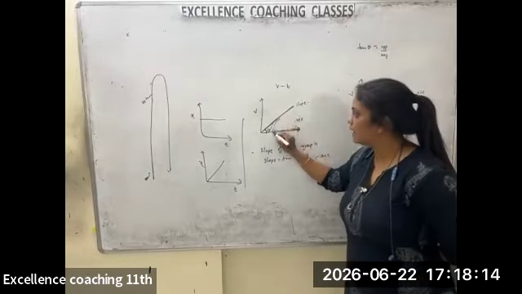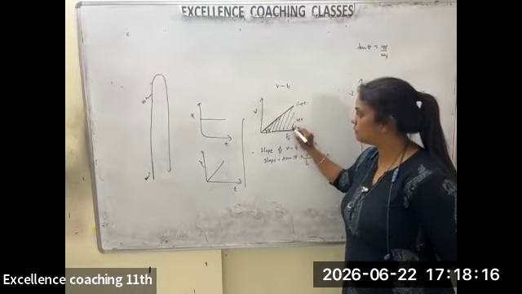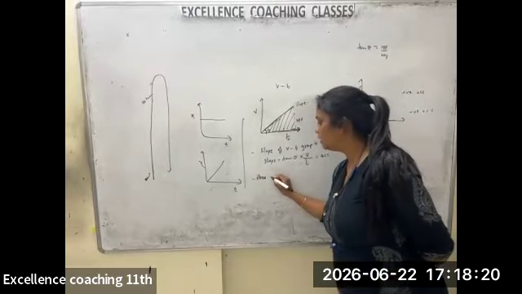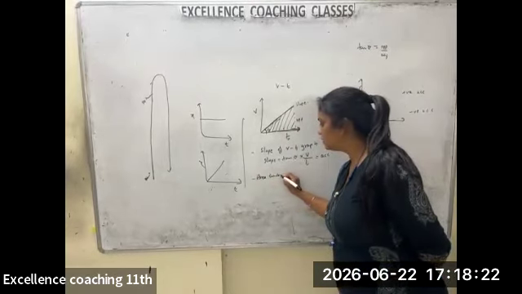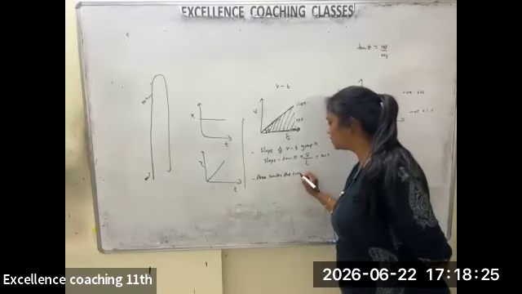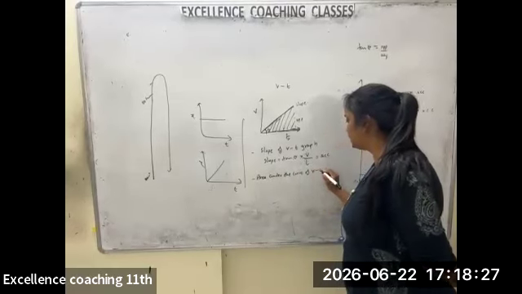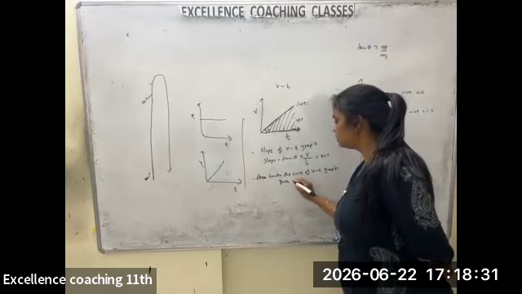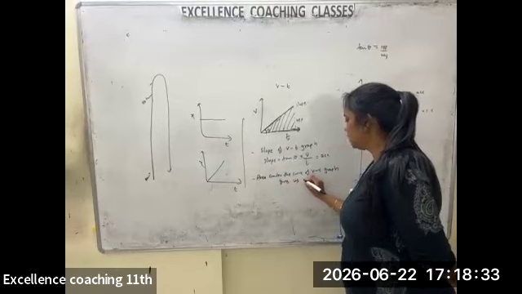Second thing, you see this area under the slope. The second thing: the area under the curve of the VT graph gives us displacement.